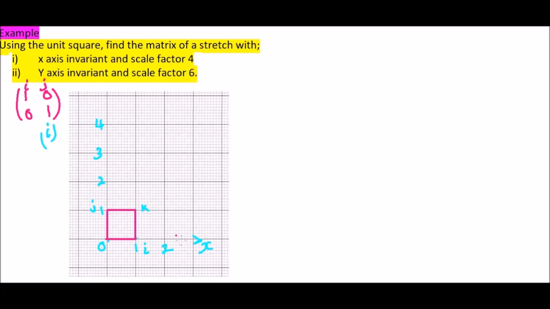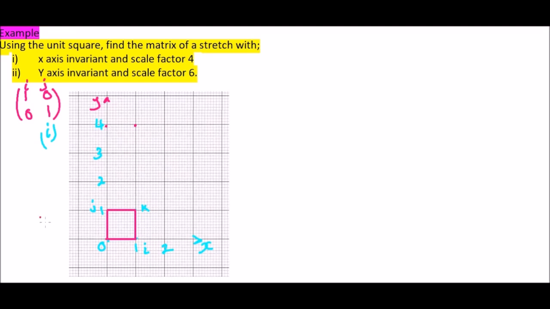Since we are told the x-axis is invariant and the stretch is 4, it means from where we have i, the other point will be 4 units along the y-axis. So we have 2, 3, 4. This is our y. This is where we have our point, and the other one will be there.